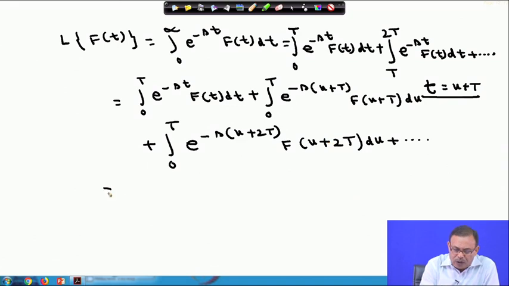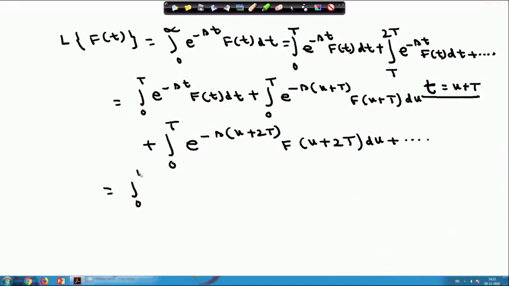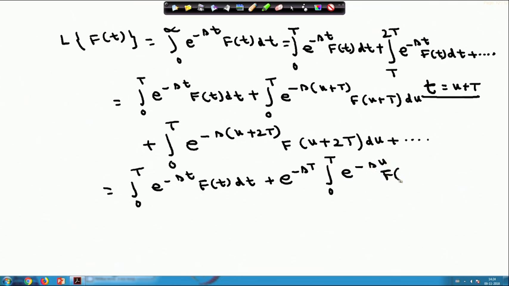So, this equals the integral from 0 to T of e^(-st) f(t) dt. What will happen with the next? The e^(-sT) I can bring outside, so I can write e^(-sT) times the integral from 0 to T of e^(-su) f(u) du.